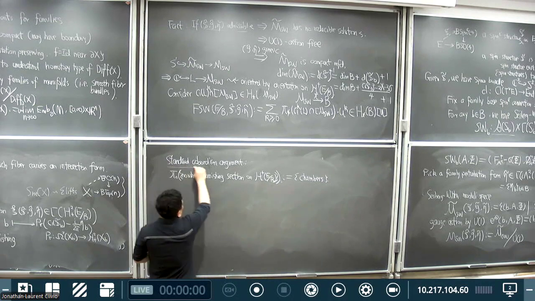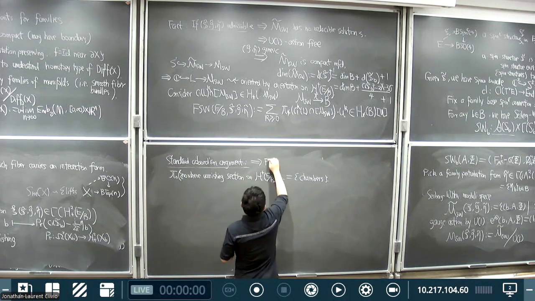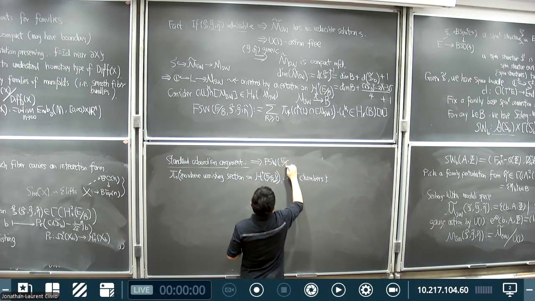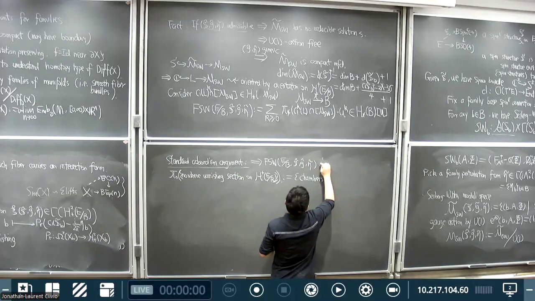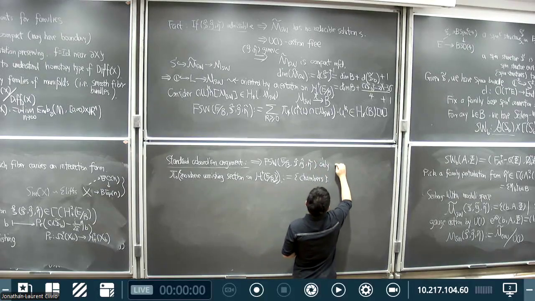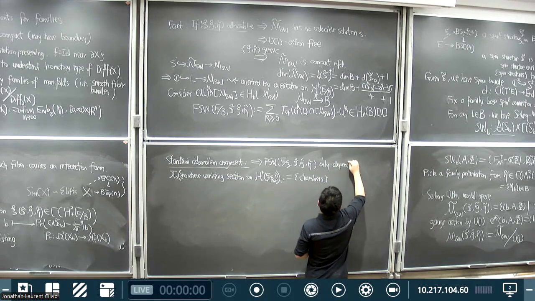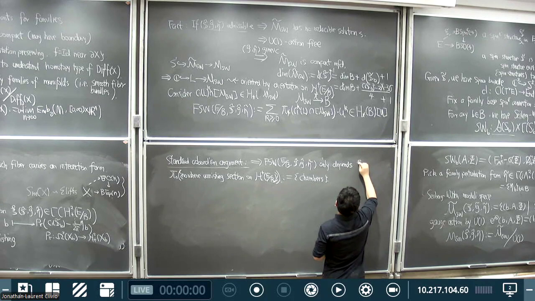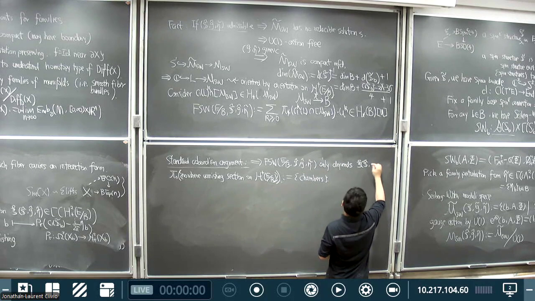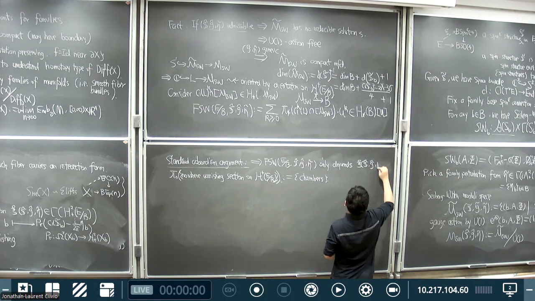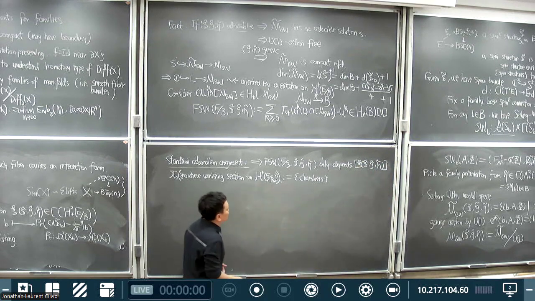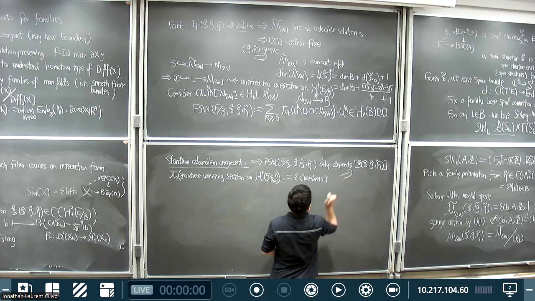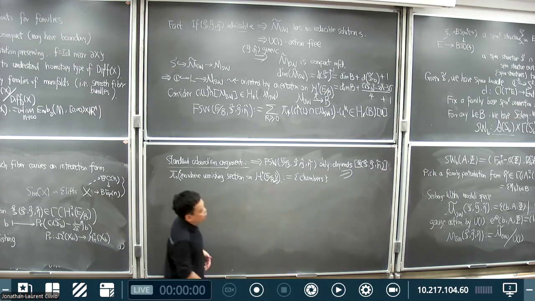Now, a standard cobordism argument tells us that the family Seiberg-Witten invariant only depends on the chamber.